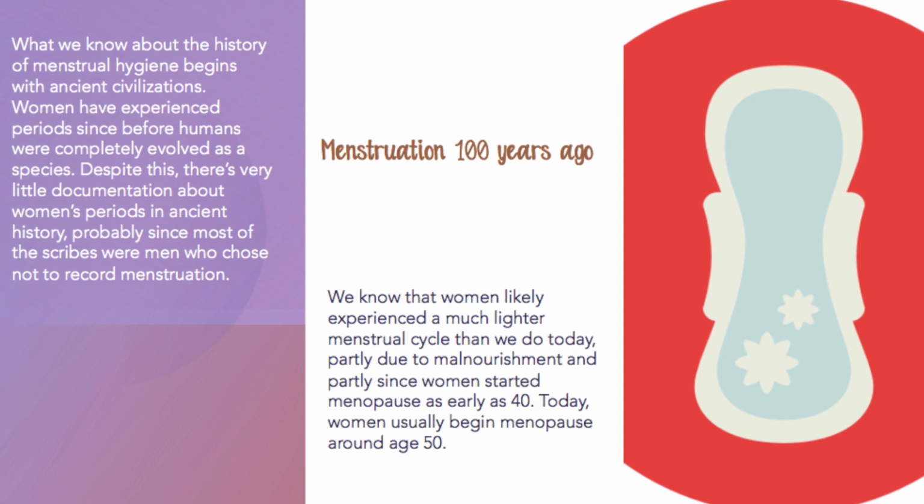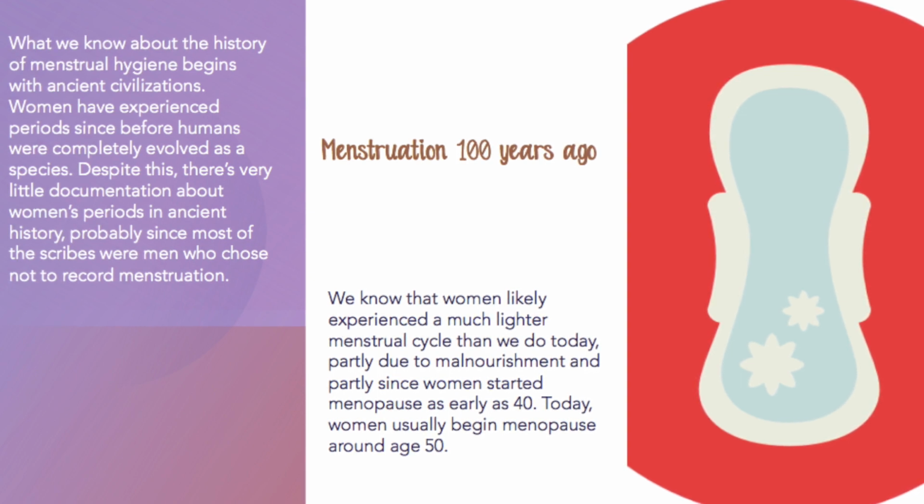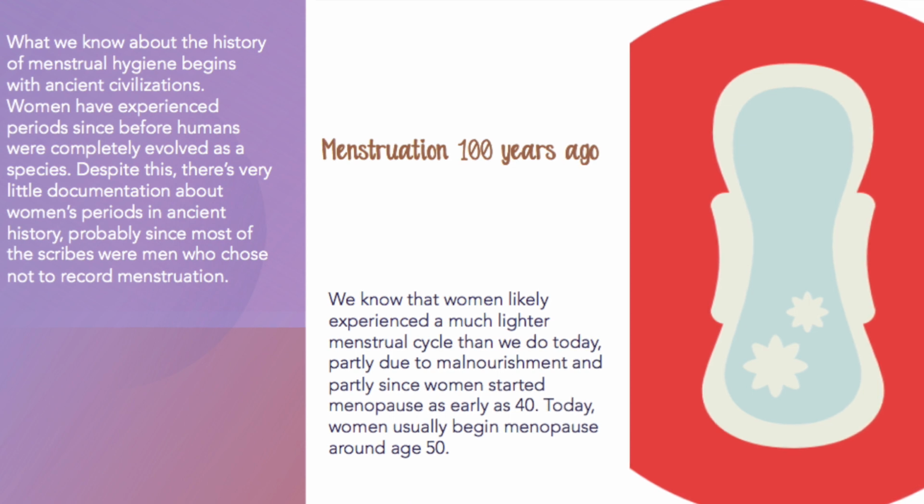We know that women likely experienced a much lighter menstruation cycle than we do today, partly due to malnourishment and partly since women started menopause as early as 40. Today, women usually begin menopause around age 50.